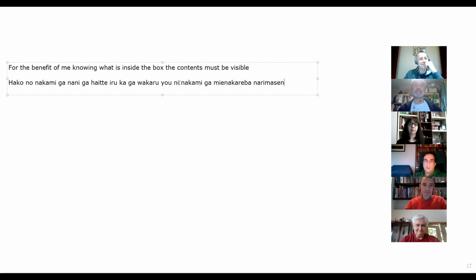So this is just saying the contents must be visible. This is saying in order to, but in this case, this is about a stative or an ability point, so we use yoni instead of tame ni. And this is just saying what is inside. Nani ga haiteru ka. The thing which is inside.